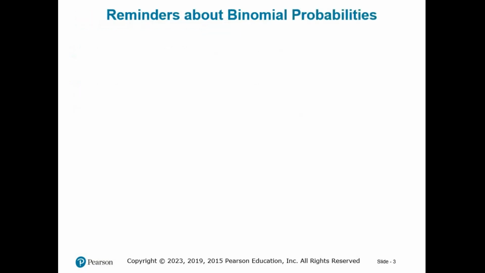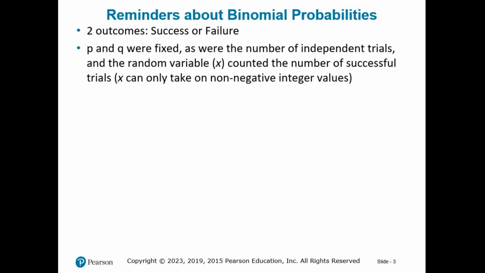We'll start with a review of what we know about binomial probability experiments. We know that they must have only two outcomes, a success or a failure. We know that p and q are fixed and they're independent trials. We also know that the random variable x counted the number of successful trials and that x could only take on non-negative integer values.